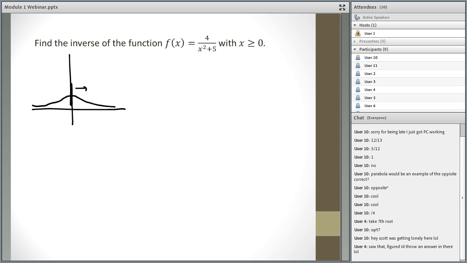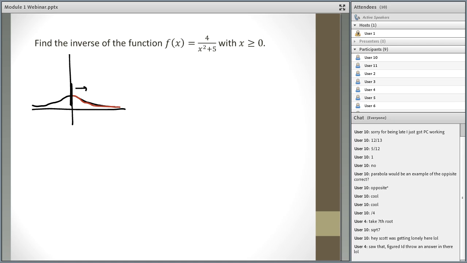So let me erase. No. Okay. So basically what we're trying to find is the inverse of just that part. And again, that's because the left side, if we included that, we wouldn't have an inverse.